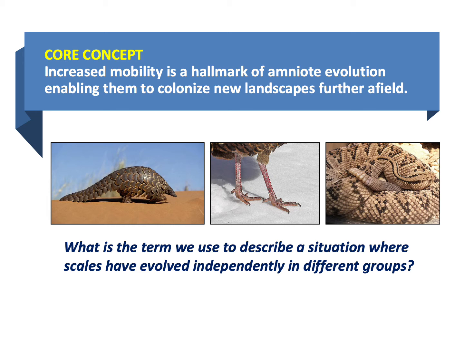Insert your bird here. It could be a chicken, a turkey, whatever you want to call it, right? But you see the scales on the feet. And then there's a snake there, a rattlesnake, and you see the scales on it as well. All three of these animals have scales, and they evolve them independently and for different reasons. So what do we call a situation like this, where scales evolve independently in very distinct and different groups? One's a mammal, one's a bird, one's a reptile.